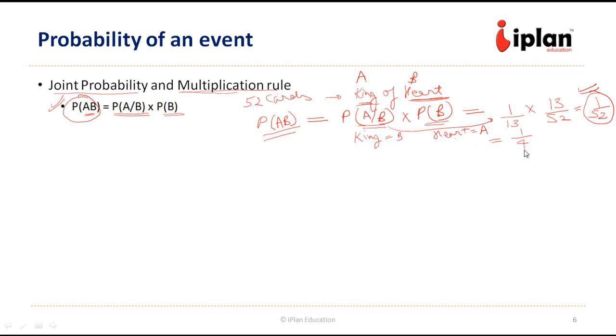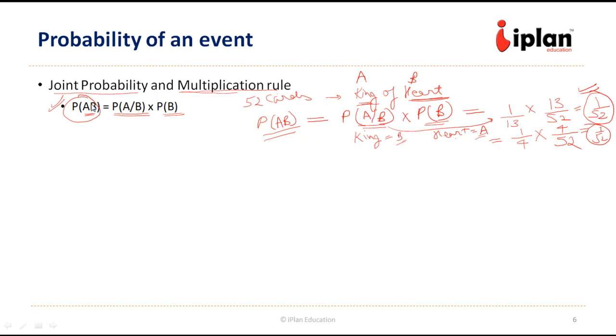There are 4 cards of king, one of them will be heart, so it is 1 by 4 into probability of a card being a king. Probability of B, probability of king, is going to be 4 out of 52. Since it is unconditional, we are not looking at any condition, so it is going to be again 1 by 52. So we can calculate it using either way.